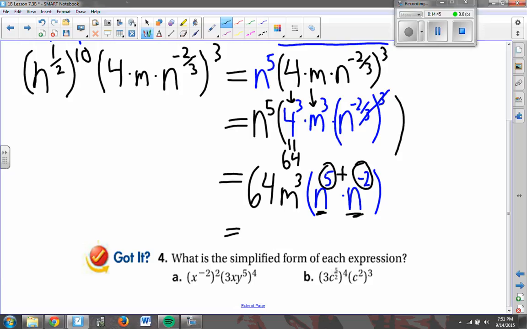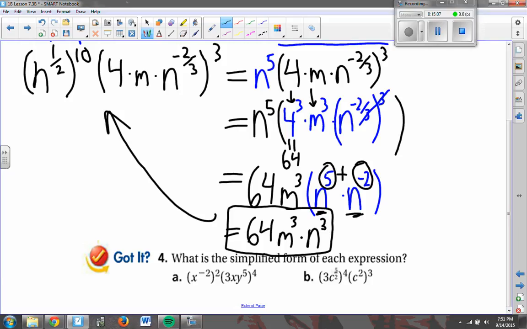Okay, so this final answer equals 64 still up front, m to the 3rd times n, and 5 plus negative 2 actually ends up at n to the third as well. So there it is. There's my final, fully simplified form, which certainly looks much better than this form. 64 m to the third, n to the third.